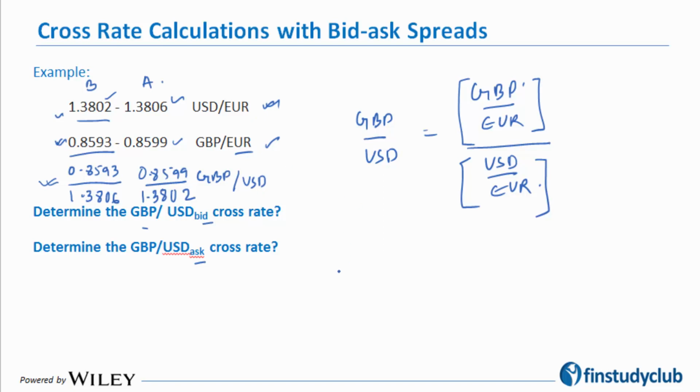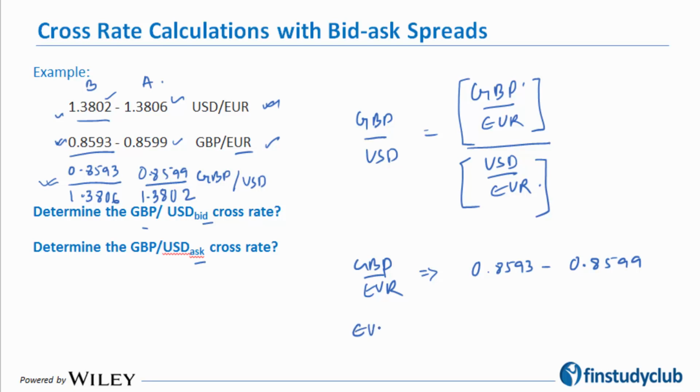my GBP euro rate has been given as 0.8593, 0.8599. Euro is the base currency, GBP is the price currency. I've been given the USD Euro rate as 1.3802 and 1.3806.